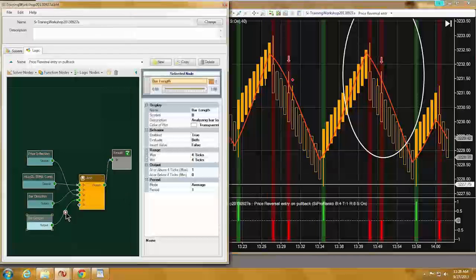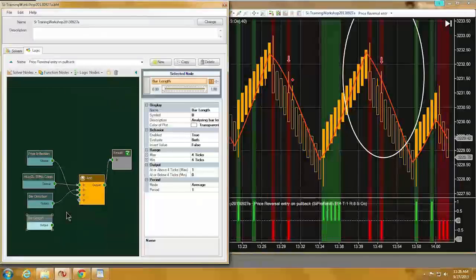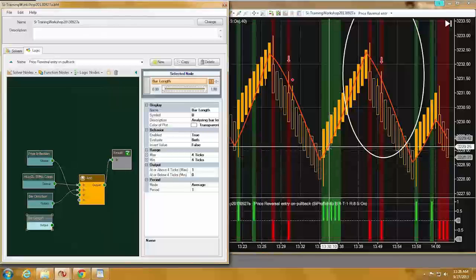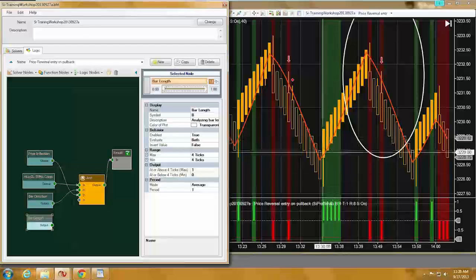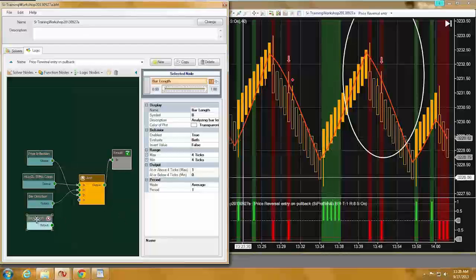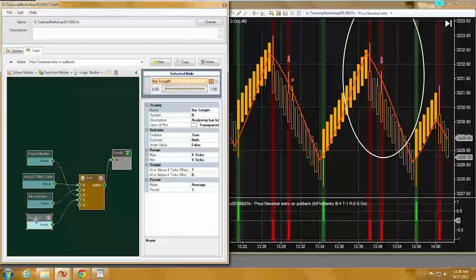So let me disconnect this again. You see this section right here where we have a bunch of long signals? We have a bunch of long signals because our moving average is inside the bar, and there are no wicks on the bar. So when I add this wick filter, all those signals go away.